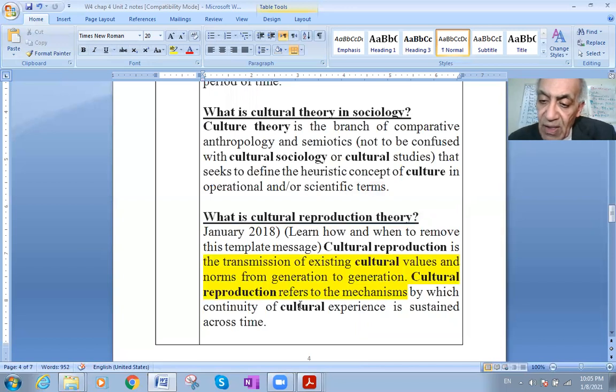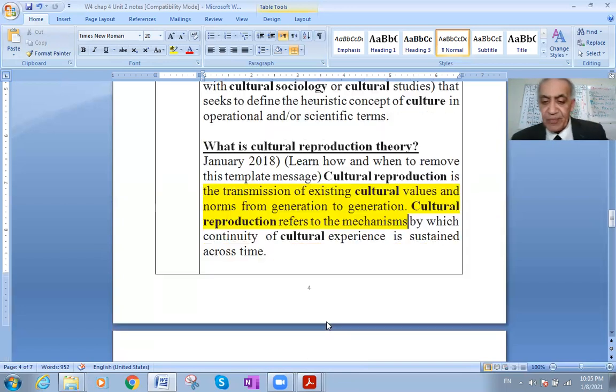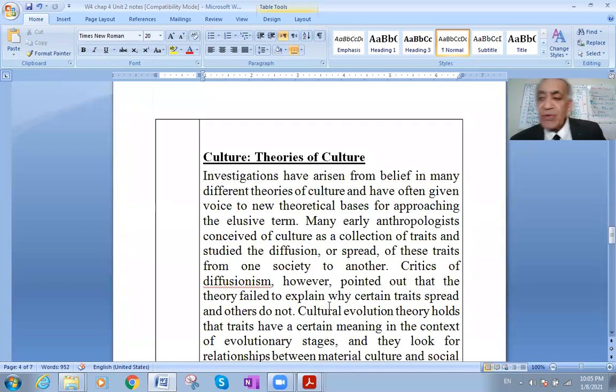Reproduction means that it comes to the next generations. It does not stop with this generation, but comes also to the next generations. As you know, all the cultures we learn from our parents, and you will teach your son and your daughter in the future. So this is how the culture is transmitted from one generation to another.